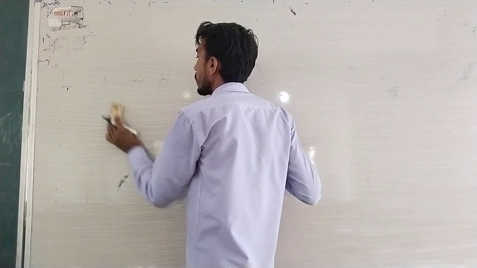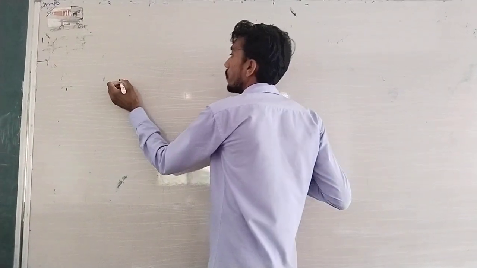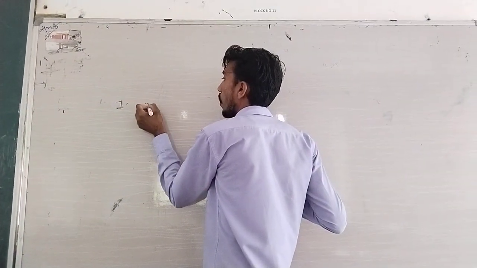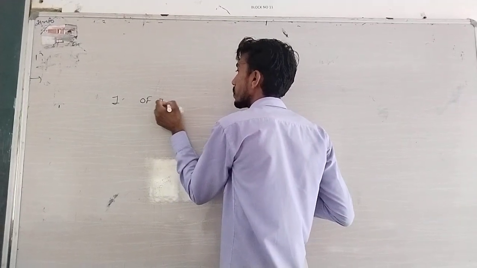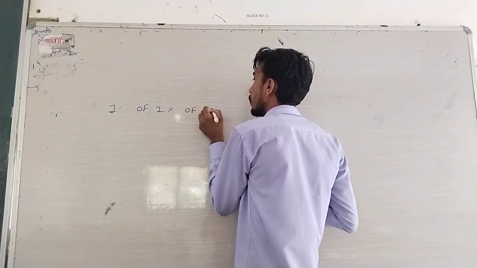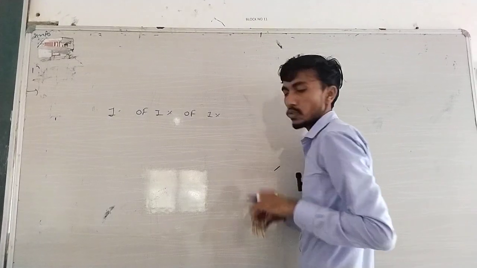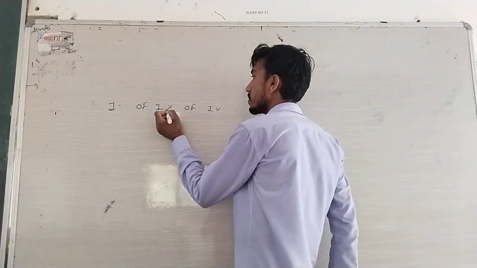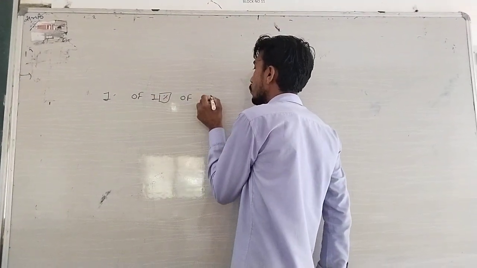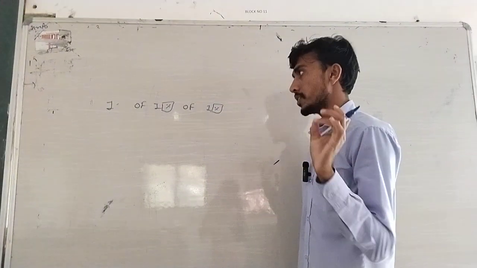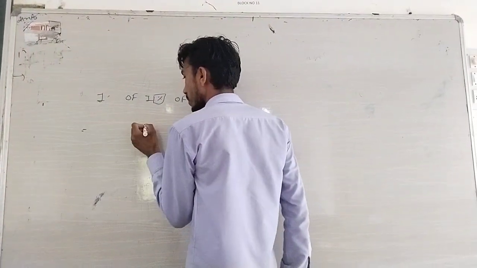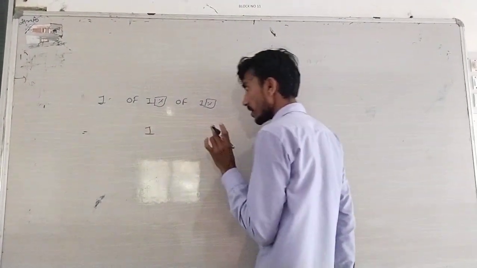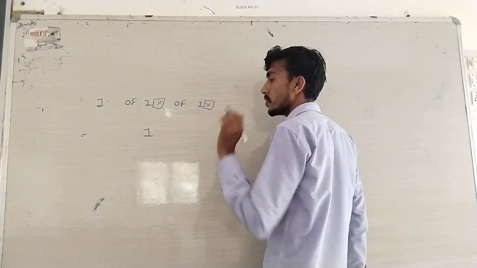If I add, like you can see, 1 of 1% of 1%. So you can see there are 2 percentages. So what is my answer? First of all, I write an answer 1. There are four zeros.